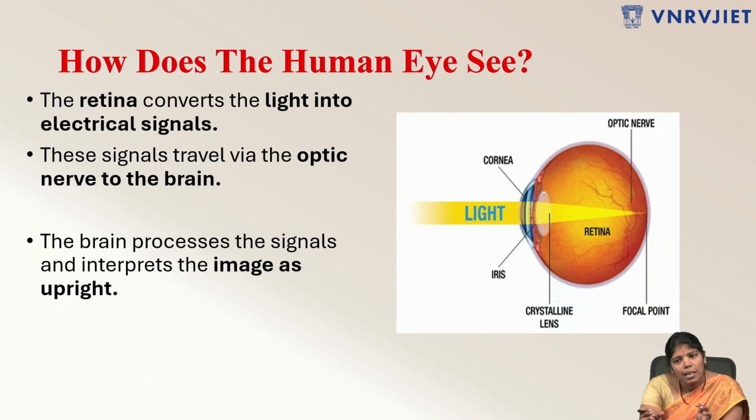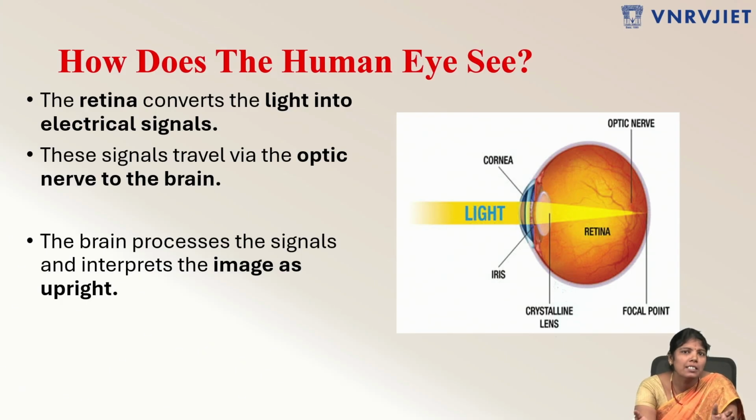After the light falls on the retina, behind the retina we have photosensitivity. The retina converts the light into electrical signals. Those electrical signals are transferred to the brain with the help of the optic nerve. This is how humans are able to identify the image, that is, how we see the image.